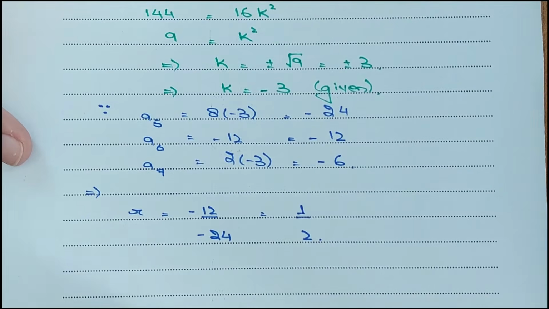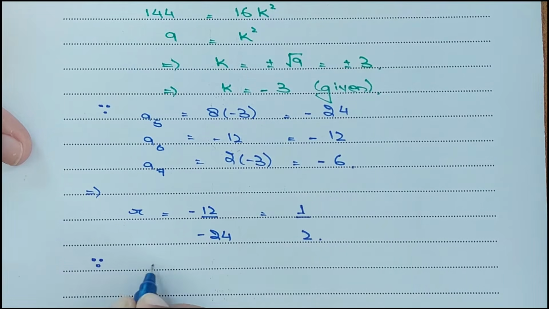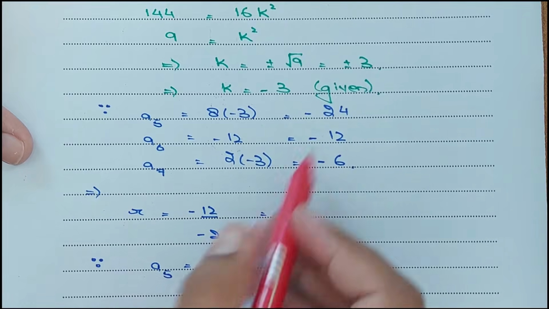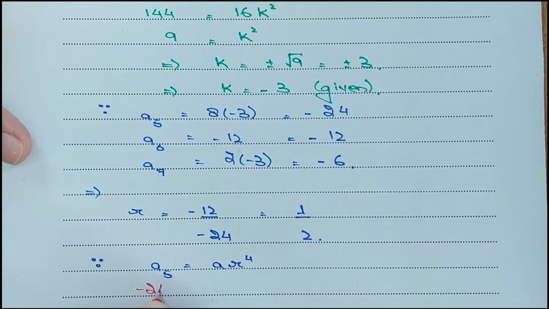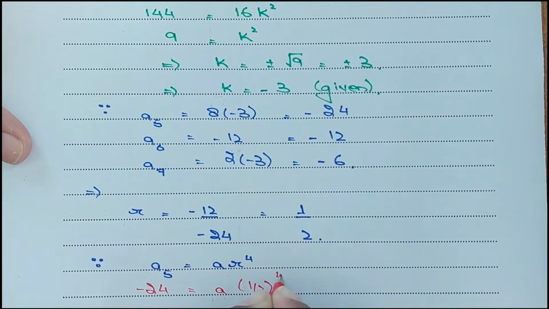Now let me solve for a. Using this information, a5 is a r power 4. a5 is given, which is negative 24. a we have to solve. r is 1 by 2, and its power is 4.